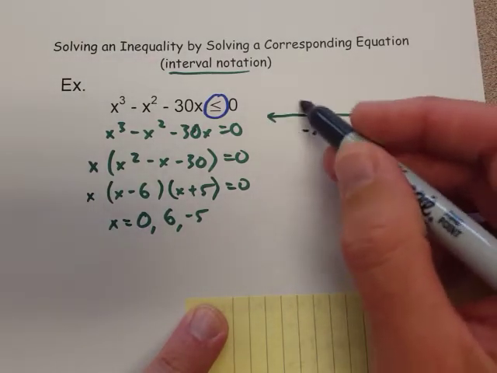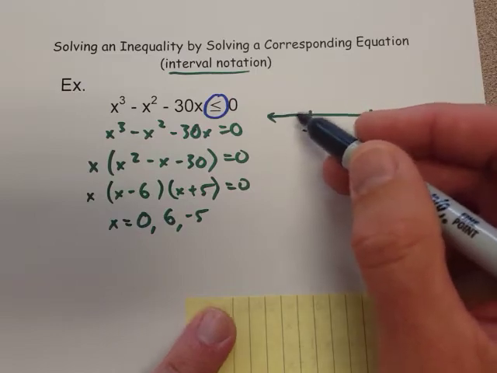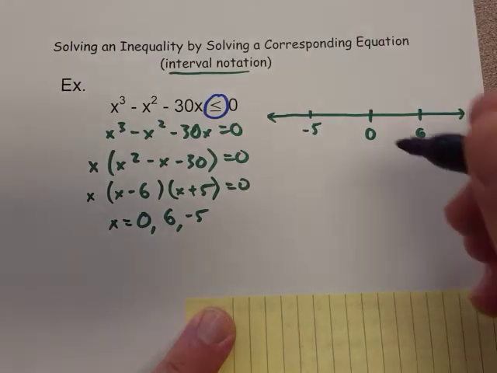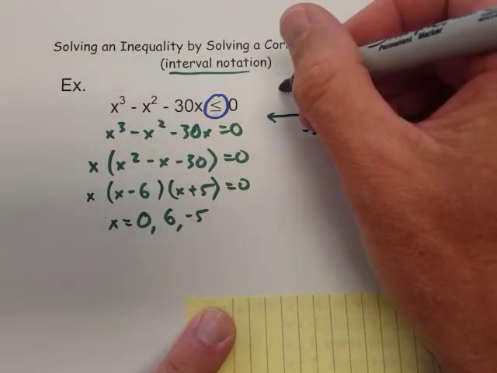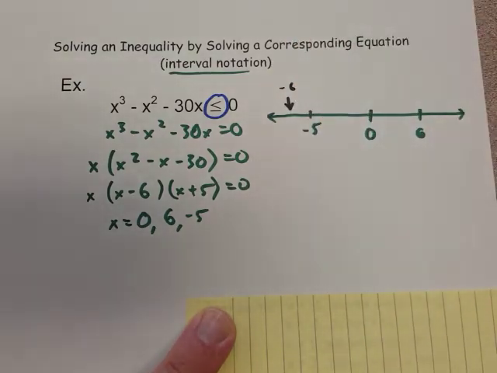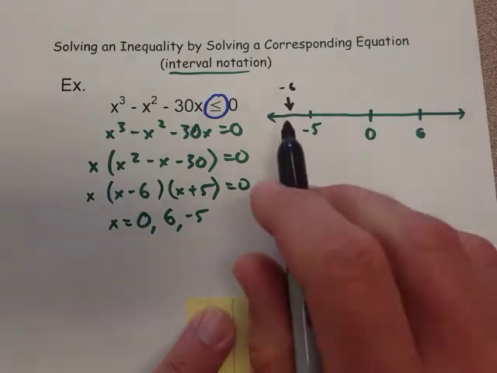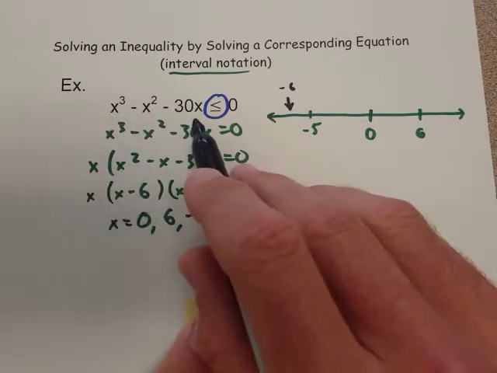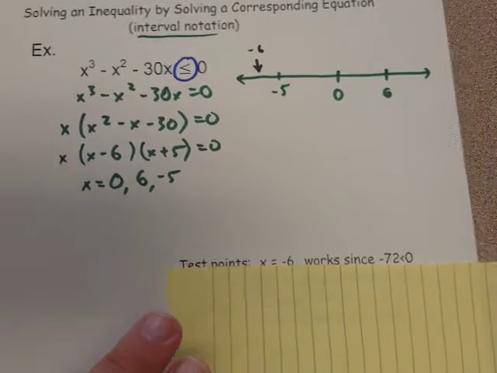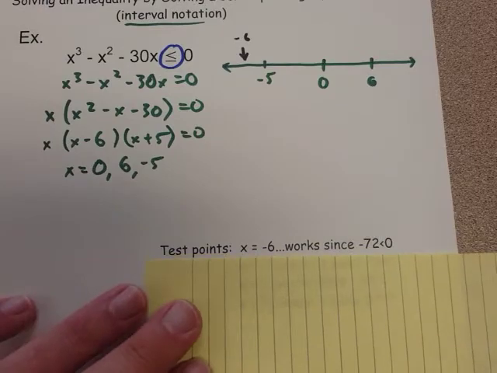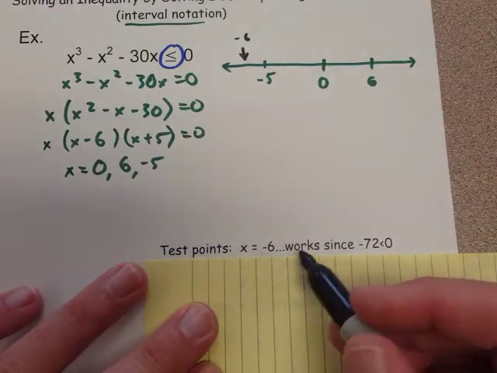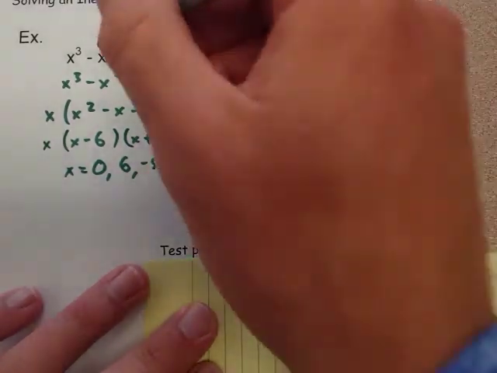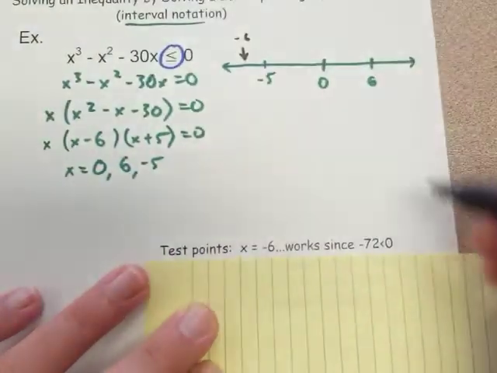Let's say I look at this interval and I want to just choose a point that represents it. I could just choose the easiest one possible. I could say negative 6. If I pick negative 6 in this interval, what I do is I plug the negative 6 into my inequality. If I plug that into the original inequality, it ends up getting me negative 72 on this side.